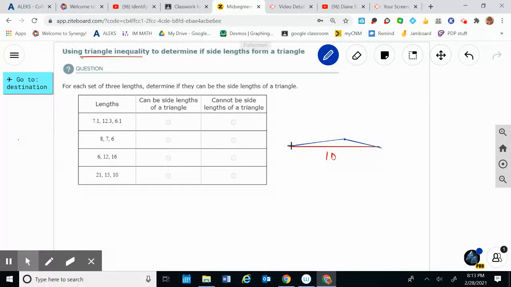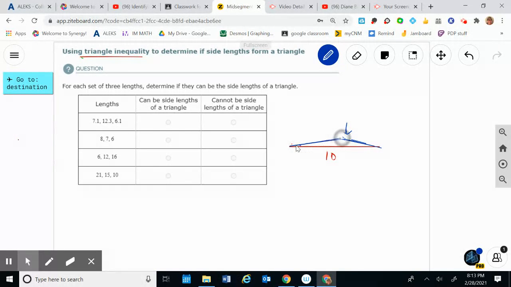What do you know about these two sides? Think about it. If I were to push this down, like if it were bendable, it can't exceed 10. Do you see what I mean? Like if it's flat. So in order to be pushed up, this plus this has to be greater than 10.